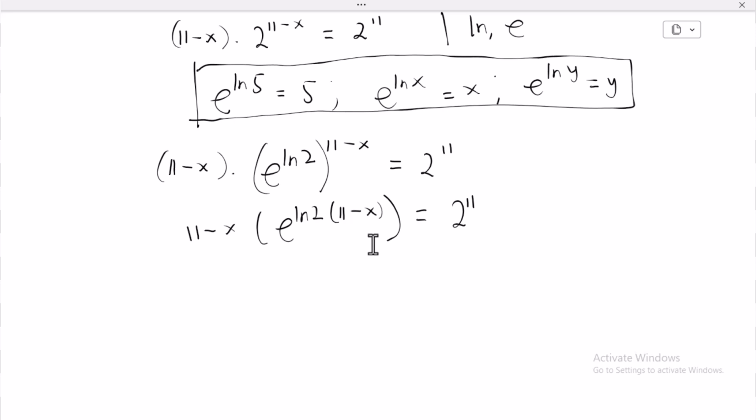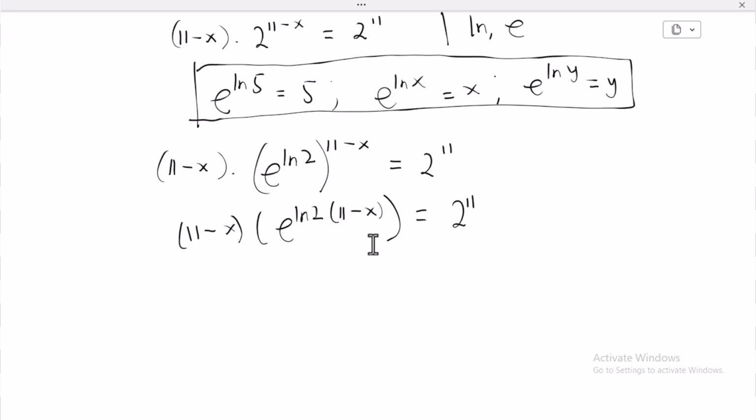Now, over here, we are going to multiply both the left-hand side and the right-hand side by natural log of 2.